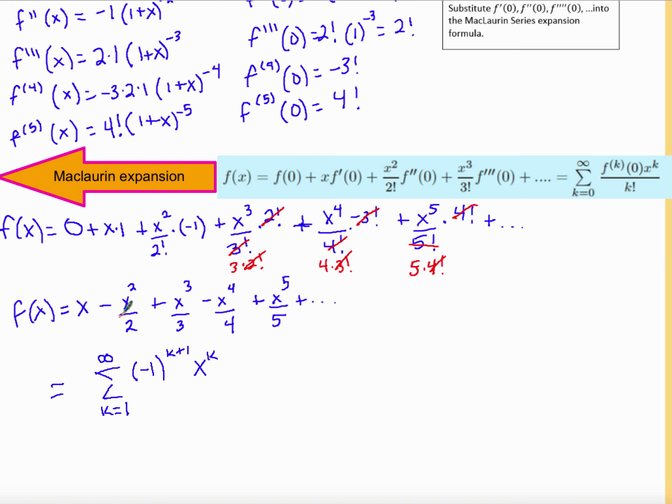Maybe it would be helpful if I showed you. This is like where k equals 1. Here's where k equals 2. K equals 3. And again, I'm starting this one at 1 instead of at 0 like the others, just so that I don't have a 0 in my denominator. You could probably write it another way.